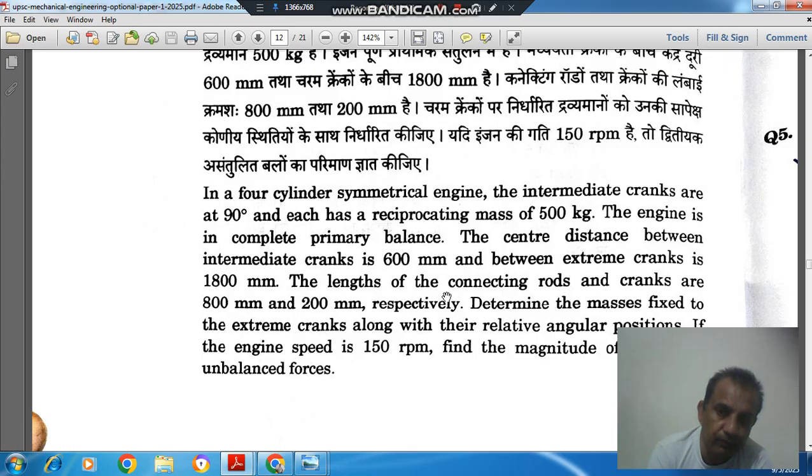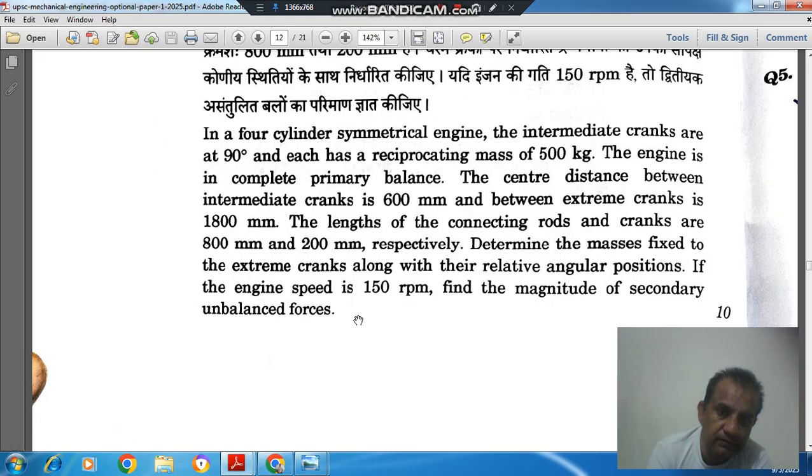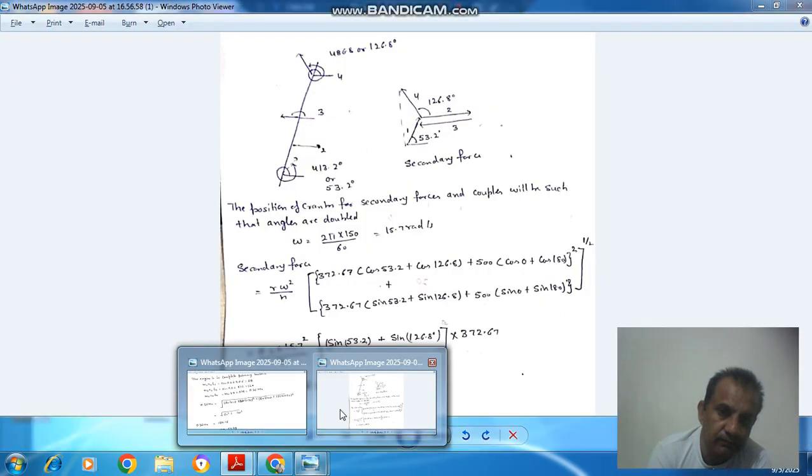The lengths of the connecting rods and cranks are 800 mm and 200 mm respectively. Determine the masses fixed to the extreme cranks along with their relative angular positions. If the engine speed is 150 rpm, find the magnitude of secondary unbalanced forces.